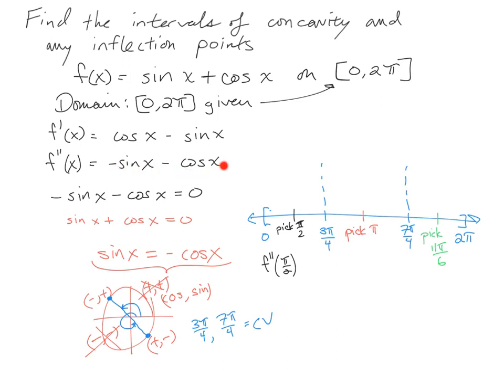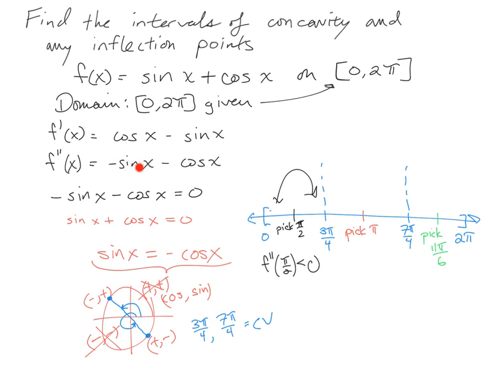And if you substitute pi over 2 in for cosine, you get 0. So that'll be entirely a negative interval, so concave down.